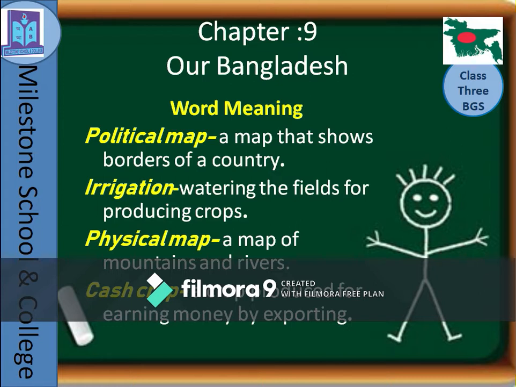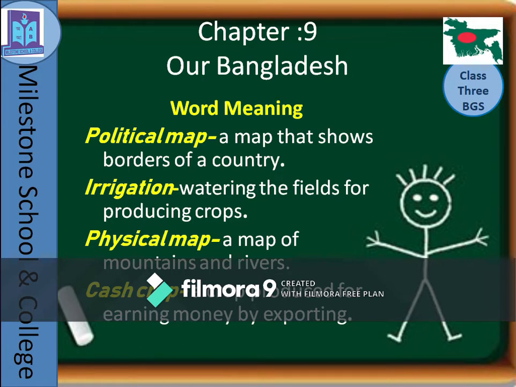Okay. Last word is cash crop. Cash crop means a crop produced for earning money by exporting. That means if we produce any kind of crop for earning money by exporting to other countries, it is called a cash crop.